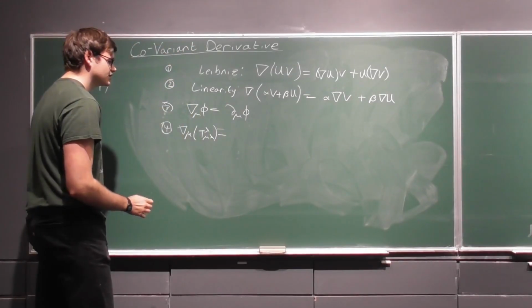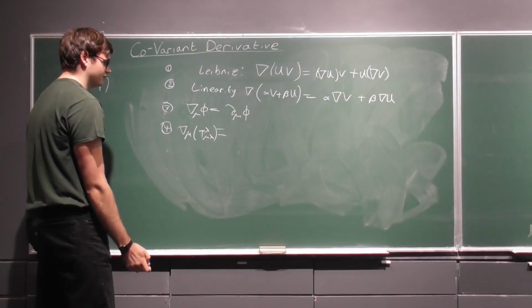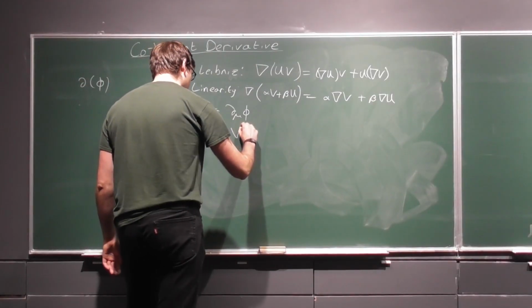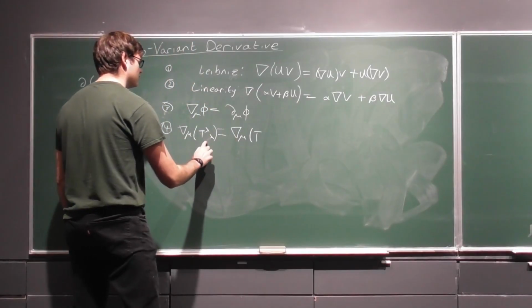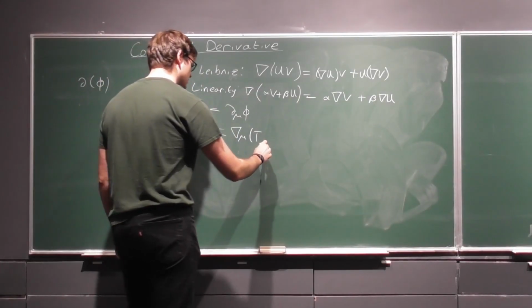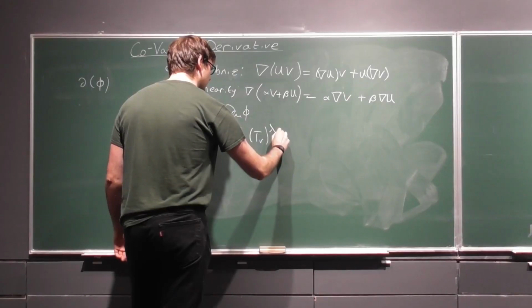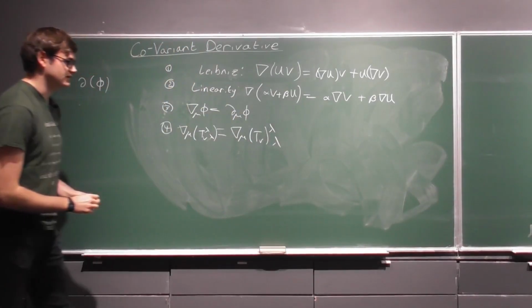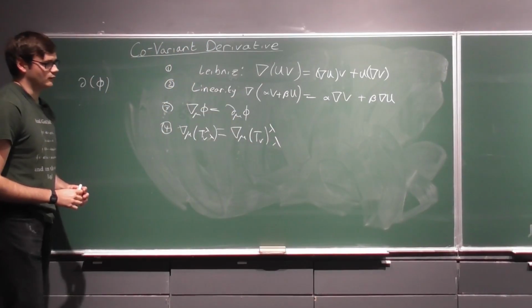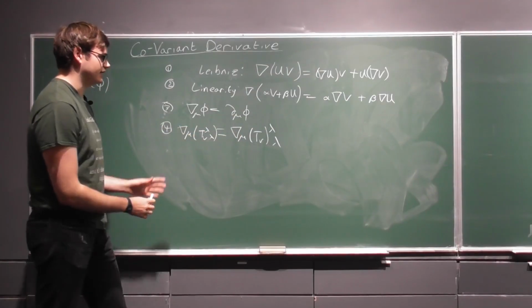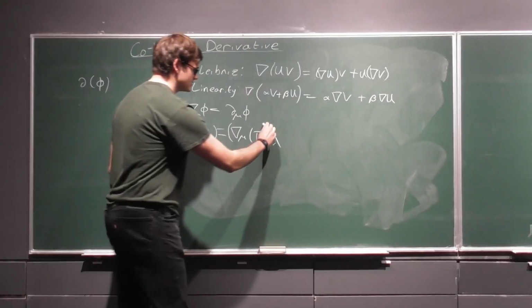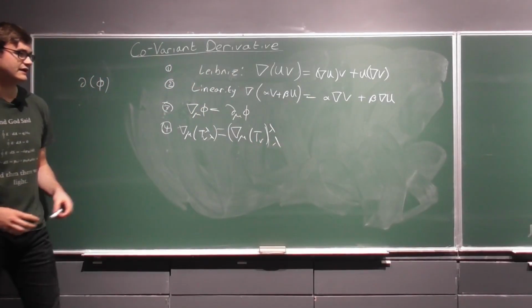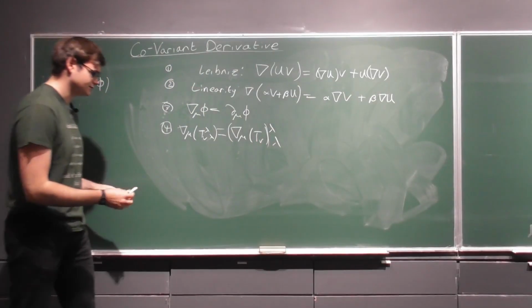So these should commute with the covariant derivative. What I mean by that is that when I take the contraction outside of the covariant derivative, this should be the same quantity, and that shouldn't make a difference in my calculation.